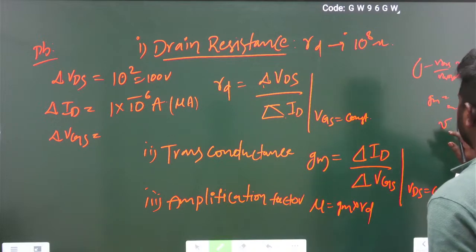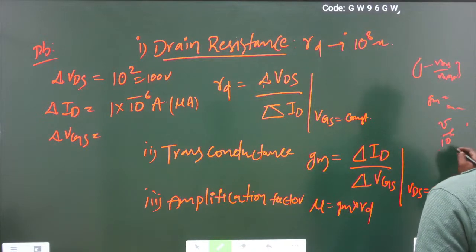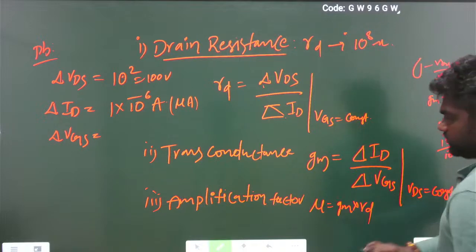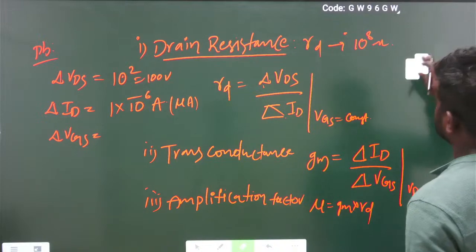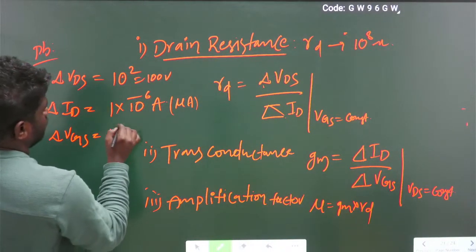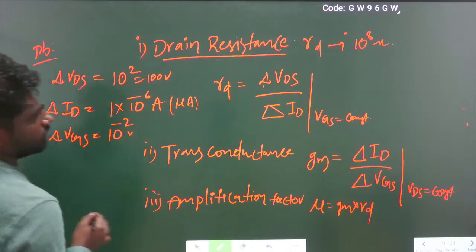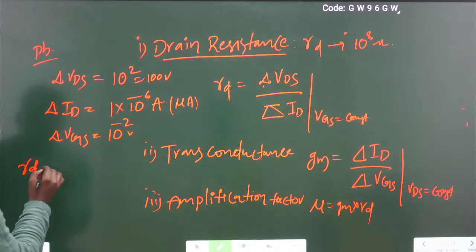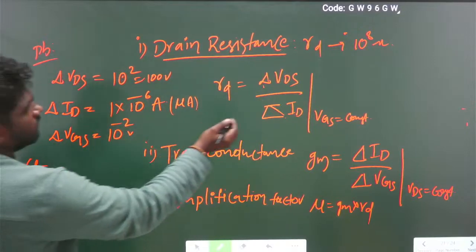So delta I is 10 power minus 6, and delta VGS I will give as 10 power minus 2 volts. Now find RD.